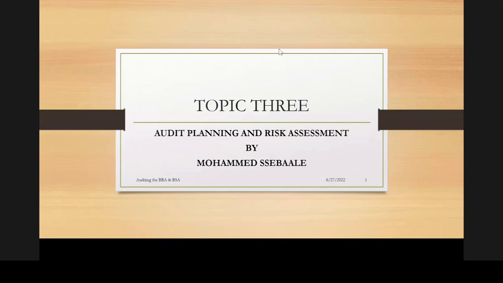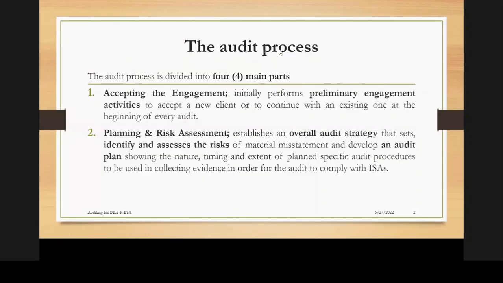An audit is made up of 3 phases. We separate them into 3 in a way that we have the planning stage. That planning stage includes the accepting of the engagement and planning and risk assessment.